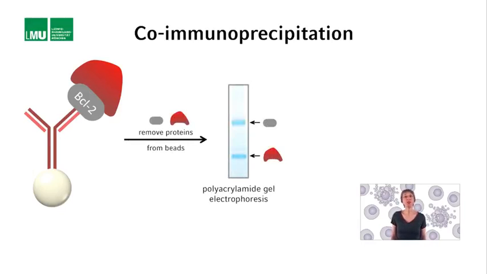The BCL2 protein can then be identified using a specific antibody, for example, the BCL2 antibody. Any protein co-precipitating with BCL2 can be identified by sequencing or mass spectrometry, methods that allow the determination of the amino acid or protein sequence of a protein of interest.